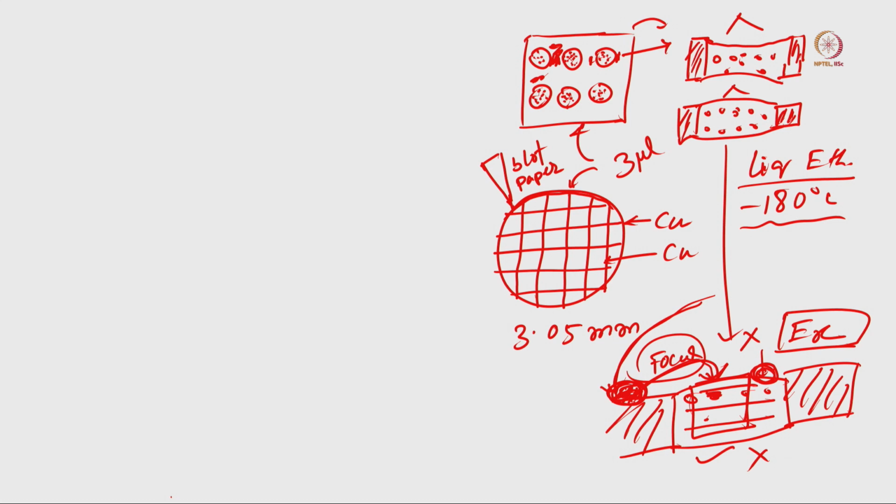Now coming back to the focus: if you remember, last class we discussed that electron beams can converge in one particular area. So just consider this is the actual focus.